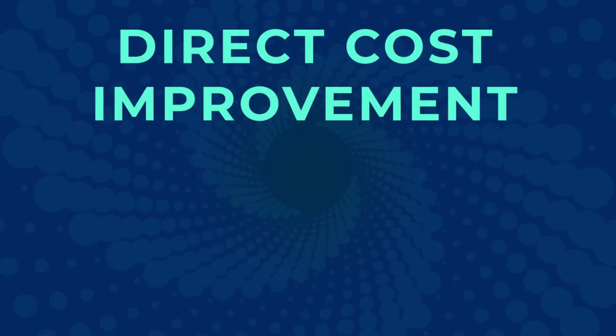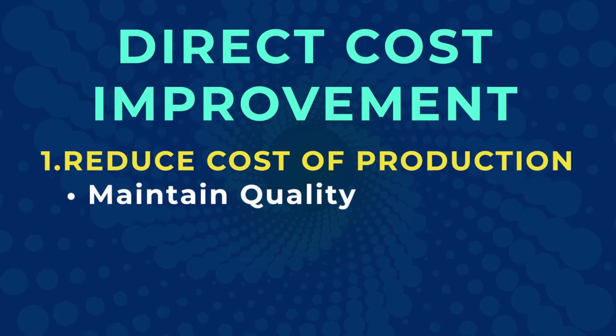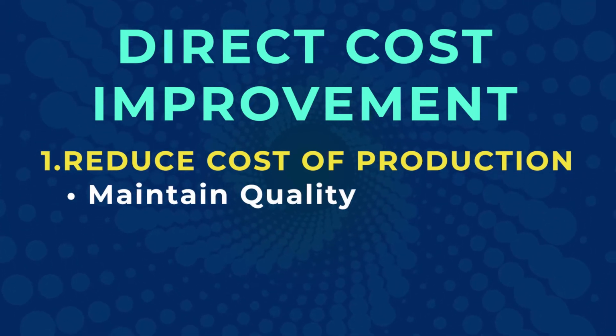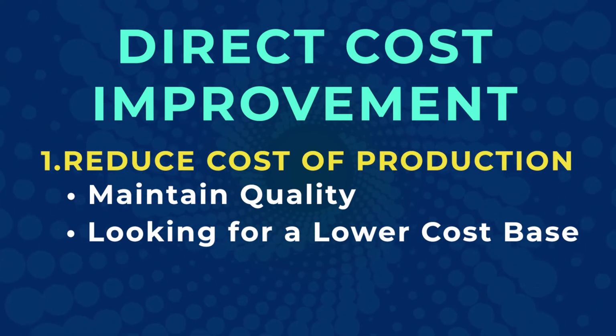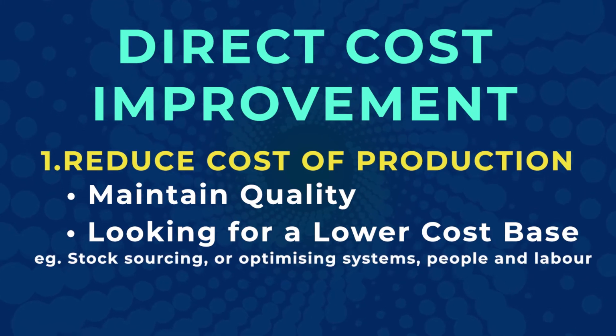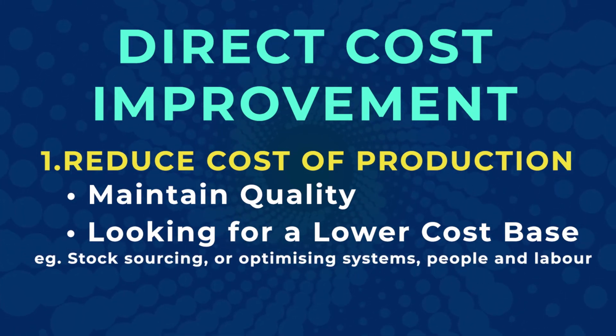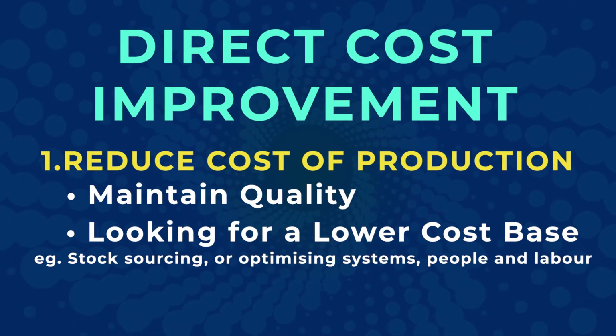The first is reduce the cost of production. So maintain quality at the same level it is now, but find a way to produce the exact same amount of revenue with a lower cost base. If that's through sourcing product better, if that's through more efficient labor or a cheaper way of doing things while maintaining the integrity of the quality of the product, then that is a way to increase that GP percentage.